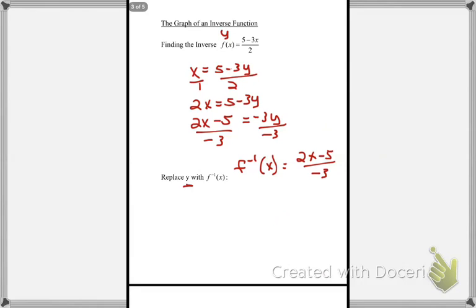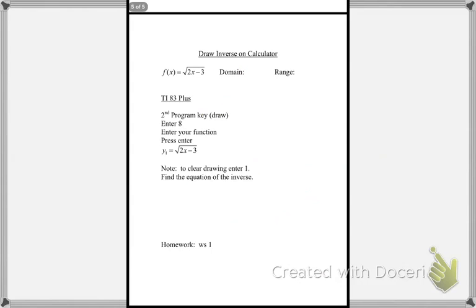You can put the original function into your y1 and put this function into your y2, and in y3 you could put the line y equals x so that you can see your reflection over that line. In this step, it's just a matter of putting this in your calculator. We have a draw function in your calculator. We do second draw. And you're going to come down to number 8.